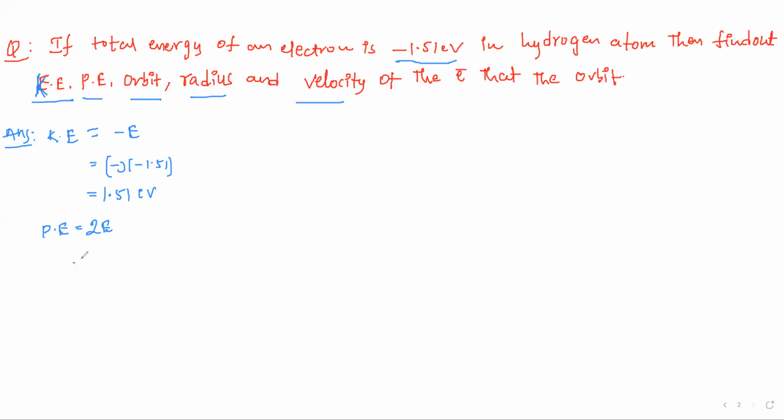What will we get here? 2 into minus 1.51 equals minus 3.01 electron volts. Is it clear? Kinetic energy and potential energy. Now what do we have to find there?